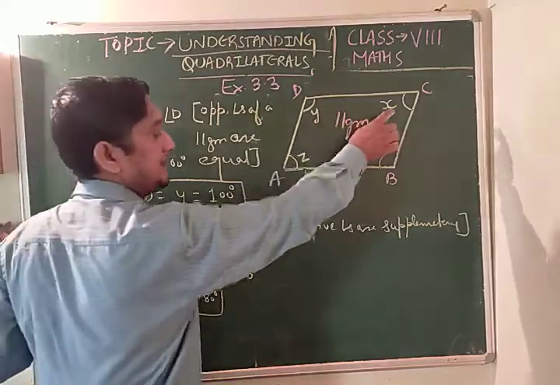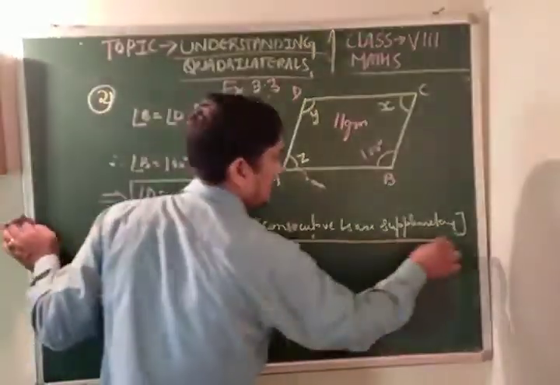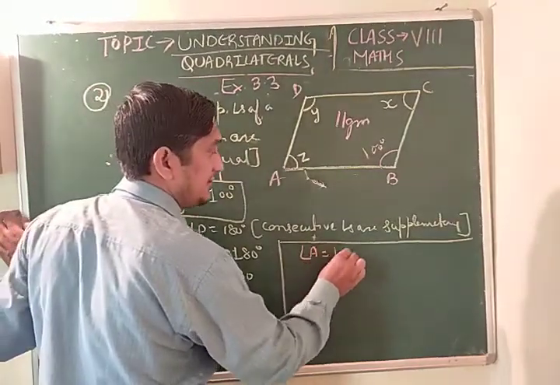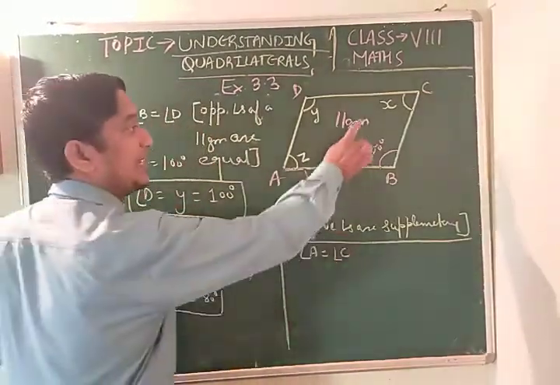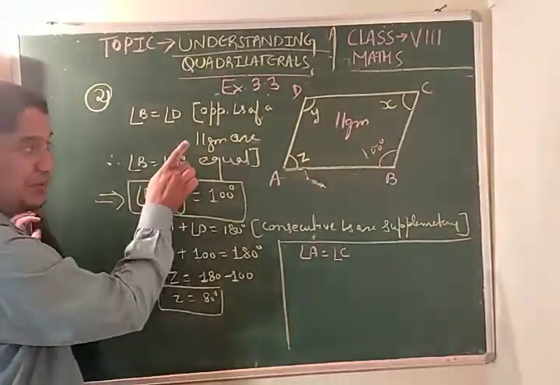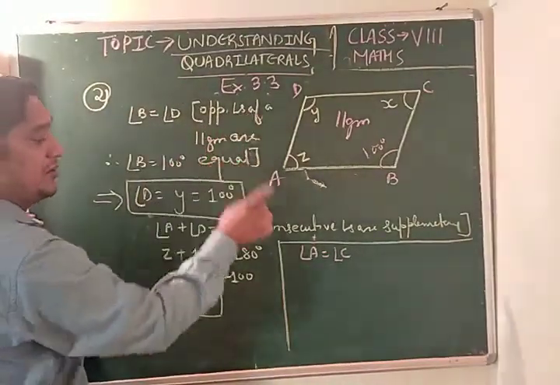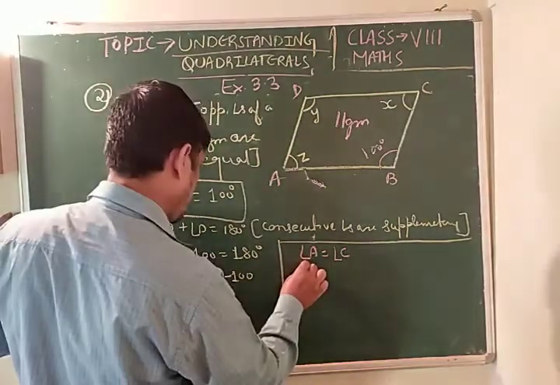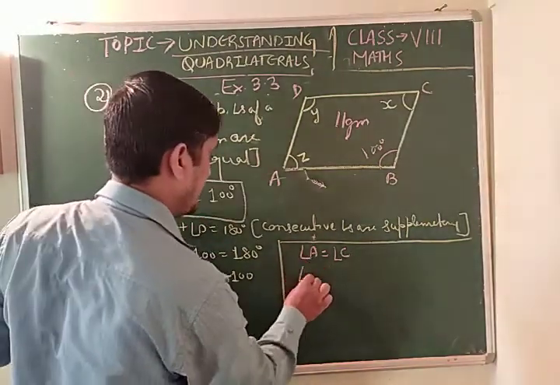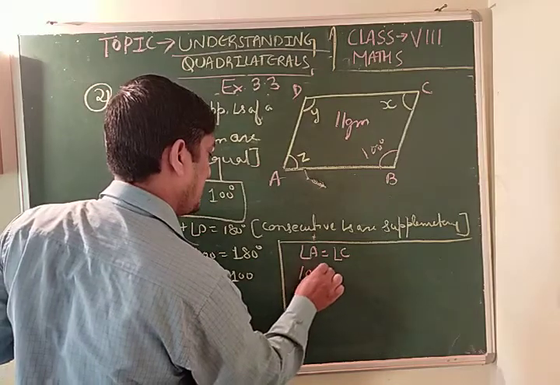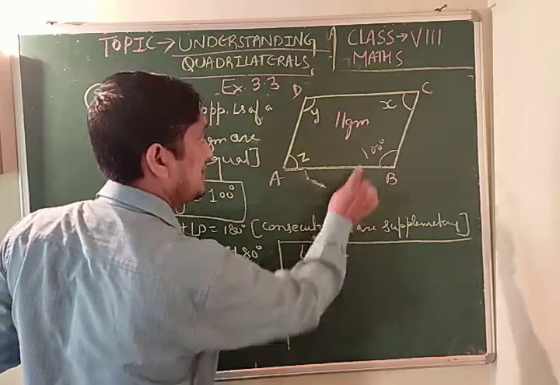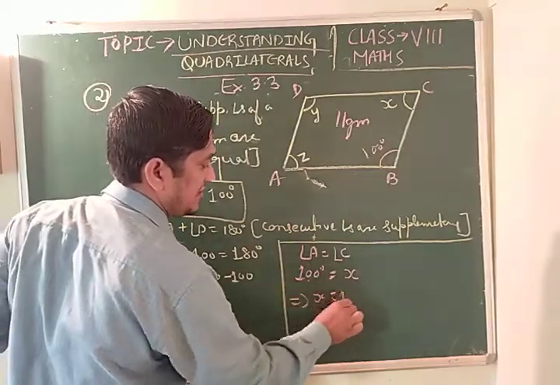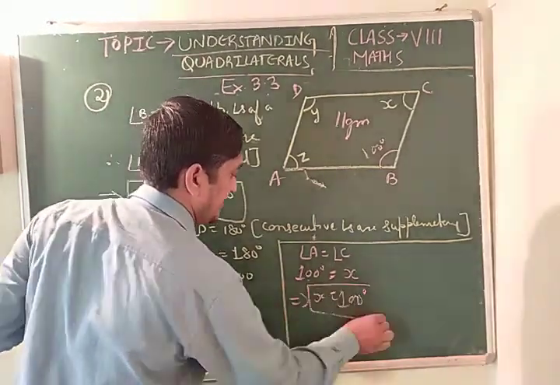Only this X. Now children, we know that angle A and angle C are opposite angles. So we have to use the property, opposite angles of a parallelogram are equal. The value of A is Z, and C is X. It implies that X is equal to Z.